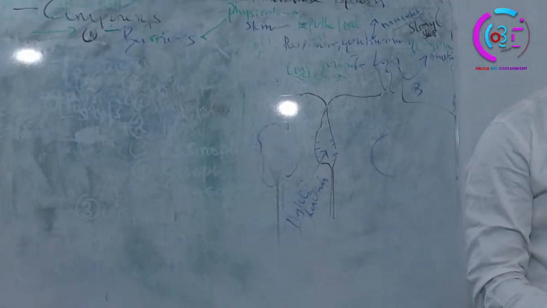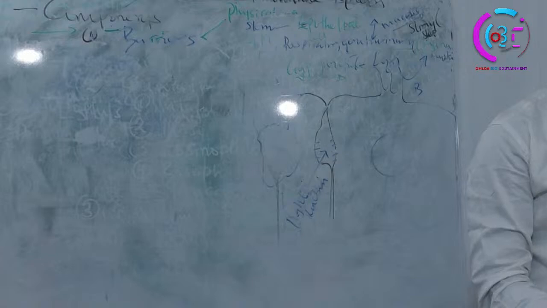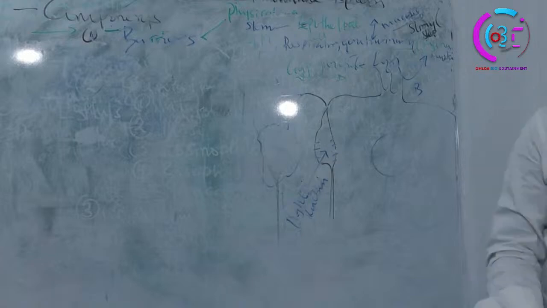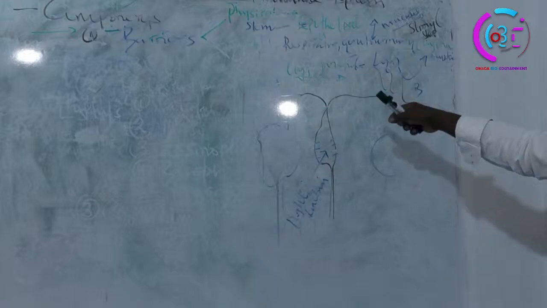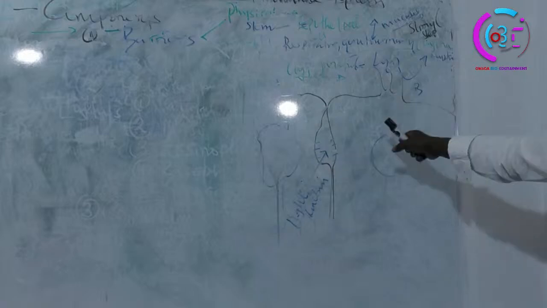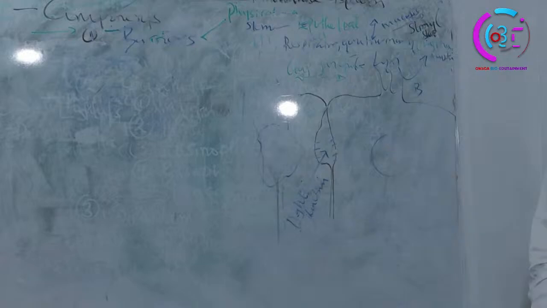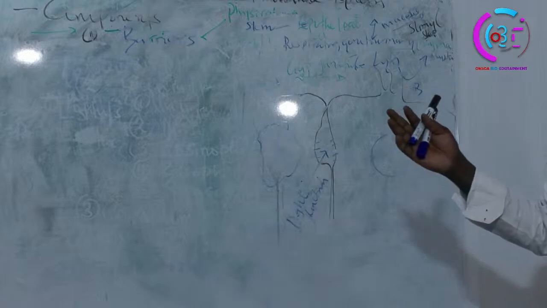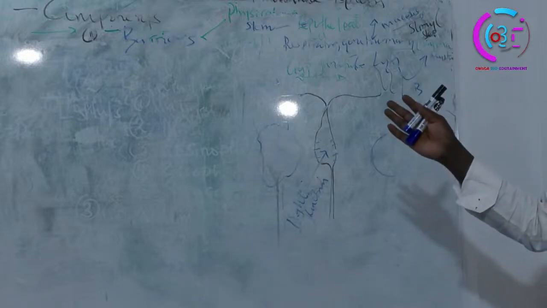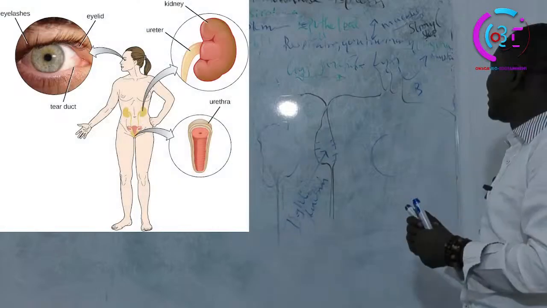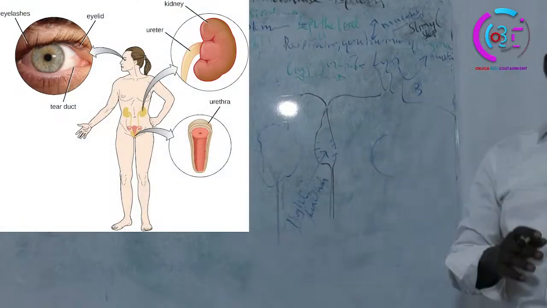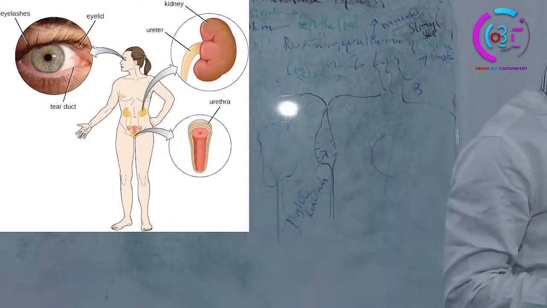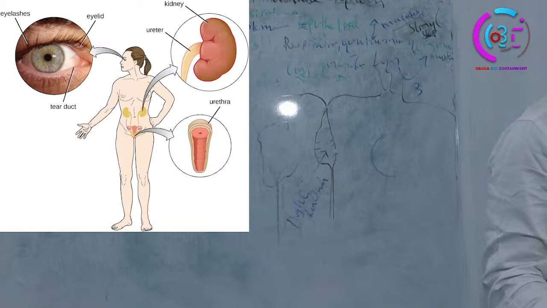Now the next thing we will look at is the physical and chemical barrier. Part of the chemical barrier I told you about is the use of tears and saliva, and so on, in order to prevent the microorganism from establishing itself.